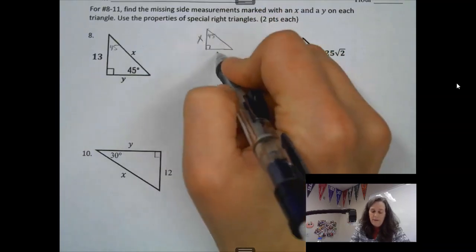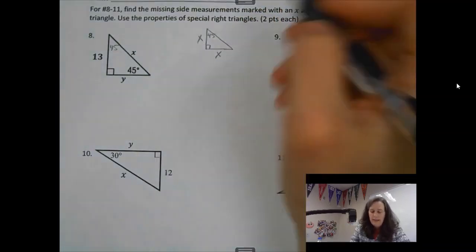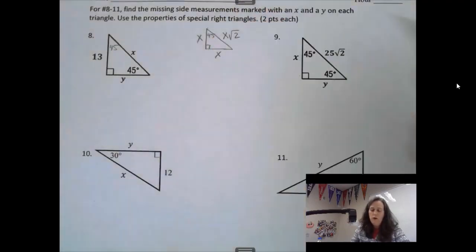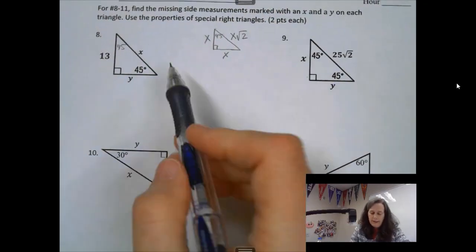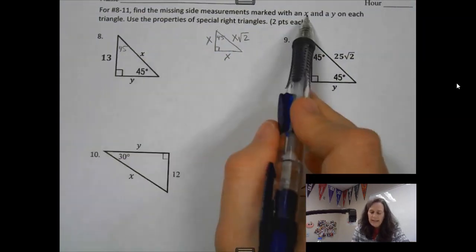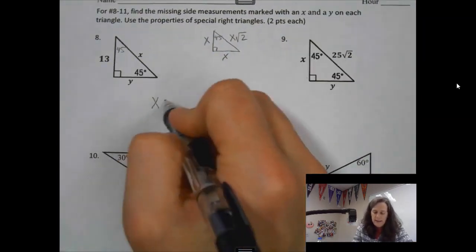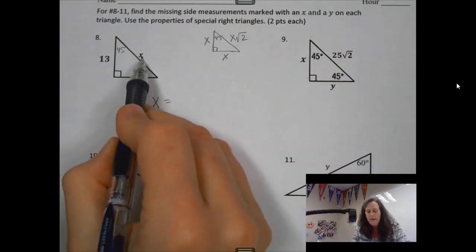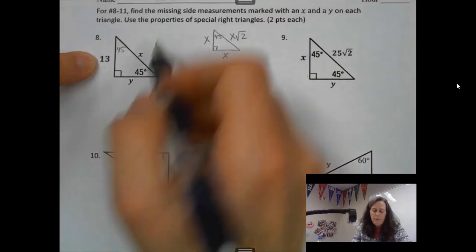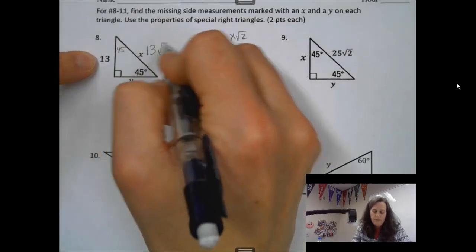X, this is the matching. The legs have to be the same. And then the hypotenuse is x times the square root of 2. Okay. So it says, find the value of x and y. X equals, here's our x value. So we need to take the 13 and multiply it by the square root of 2.